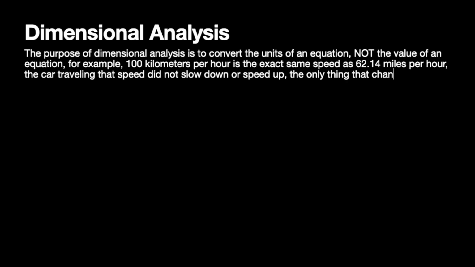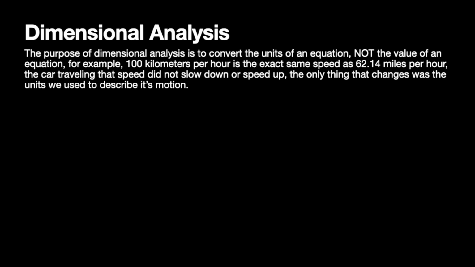Dimensional analysis. The purpose of dimensional analysis is to convert the units of an equation, not the value of an equation. For example, 100 kilometers per hour is the exact same speed as 62.14 miles per hour. The car traveling that speed did not slow down or speed up.